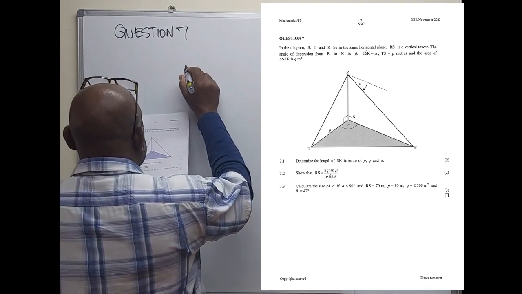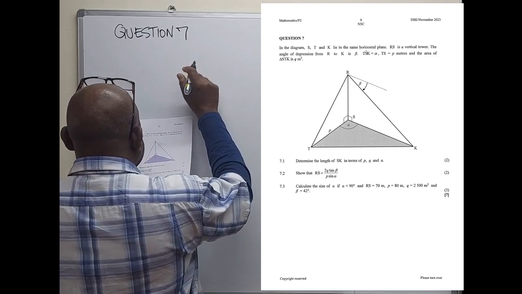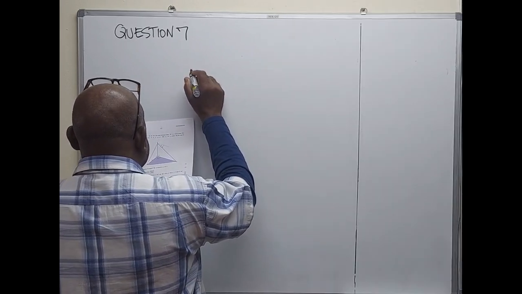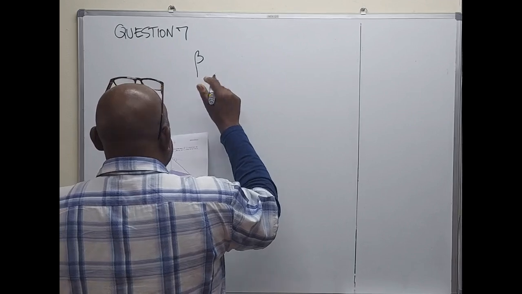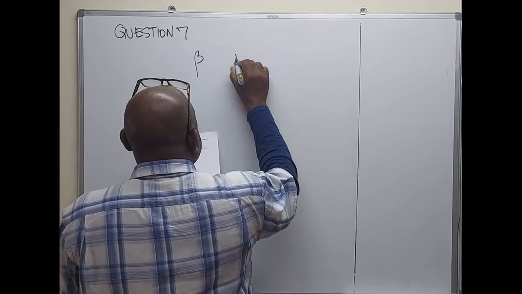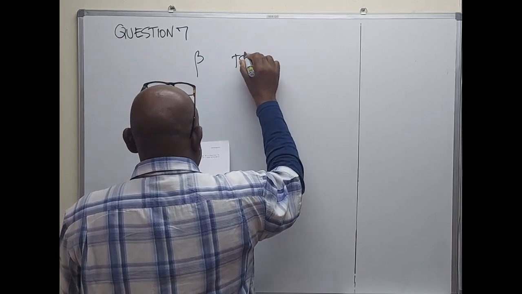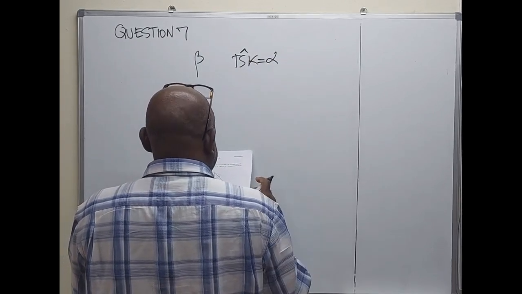We have that the angle of depression from R to K is angle beta. And then we have another angle, TSK. This angle will be equal to alpha.